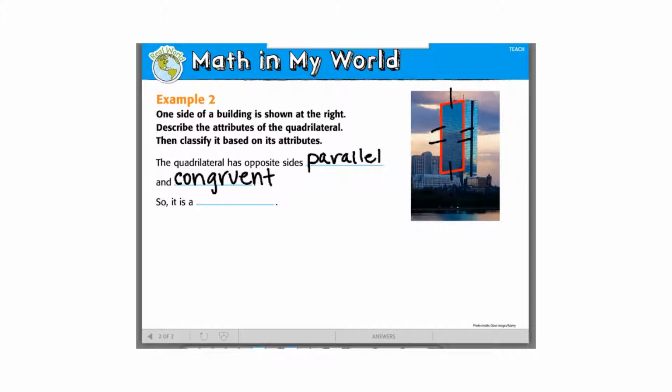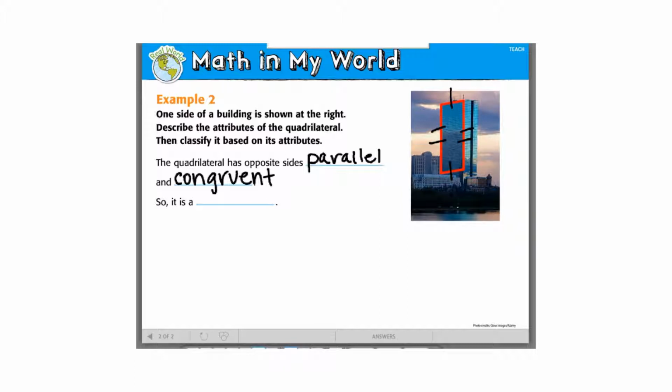So since there's no right angles, how would you classify this shape? What would you call it? What's something that you might call this shape, Aiden? Well, no. To be considered a rhombus, all the sides have to be the same, and those don't have all sides the same. Ava. This one doesn't have right angles. It has to have right angles to be a rectangle.